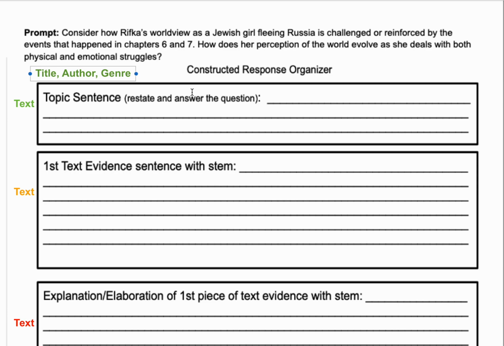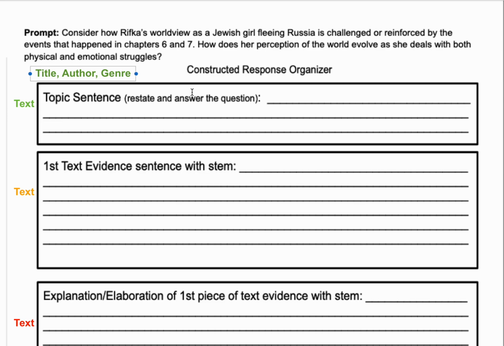A couple words that are maybe unfamiliar in this way of using them are challenged and reinforced in the first sentence. So, consider how Rifka's worldview as a Jewish girl fleeing Russia is challenged or reinforced by the events that happen in chapters 6 and 7. So then you have to think, what could those possibly mean? If your worldview is being challenged, then that would mean that it's being tested.